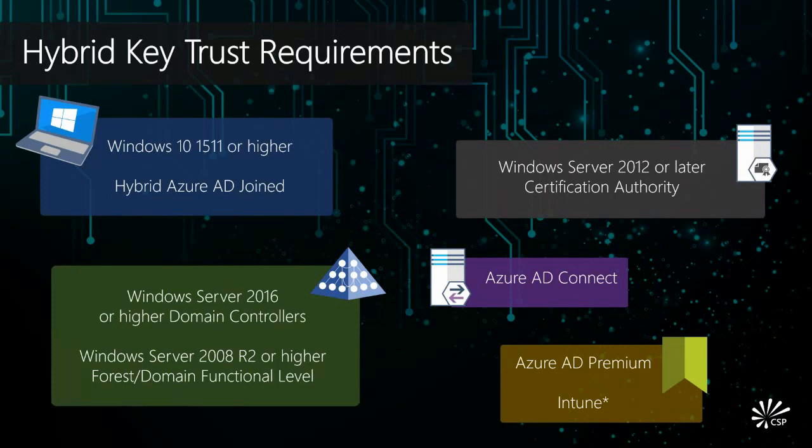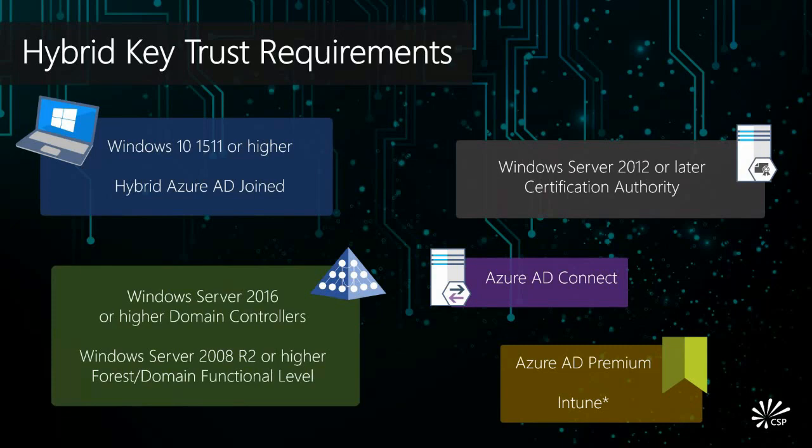You can still have Windows 2012 R2 or just base R 2012 floating out there, but you have to have at least one Windows Server 2016 domain controller that is directly accessible by the endpoints that will be authenticated using Windows Hello for Business. So having at least one is a requirement, but most likely, the recommended best practice is to have all of your domain controllers at least Windows Server 2016.